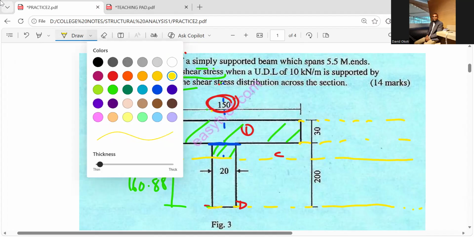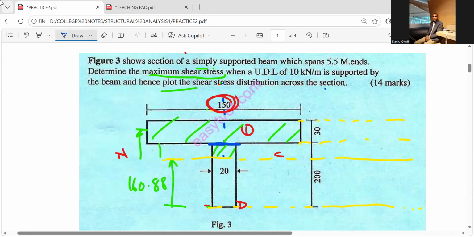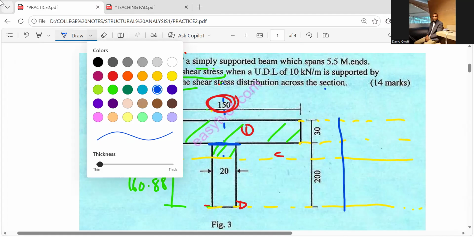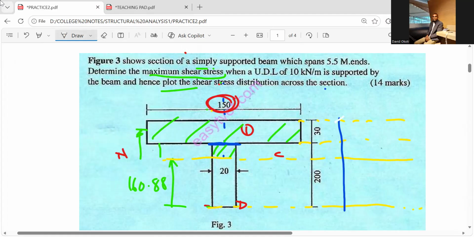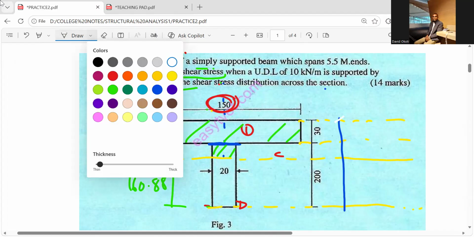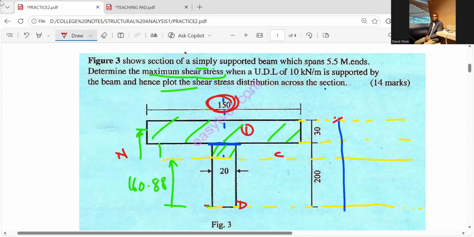Then on this vertical line, the value of shear stress is 0 at the topmost and 0 at the bottommost.